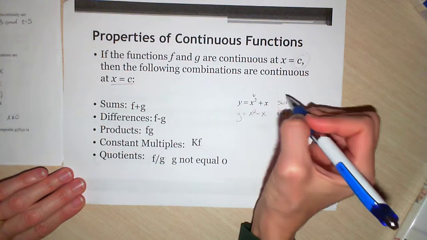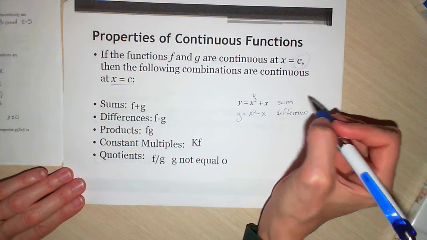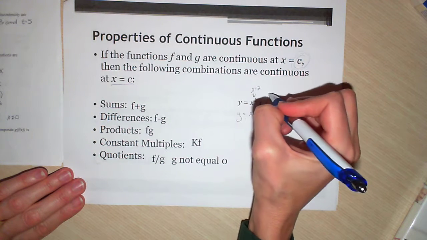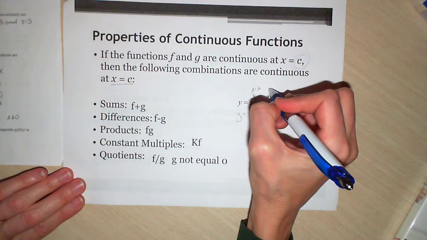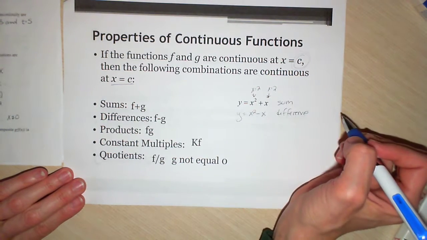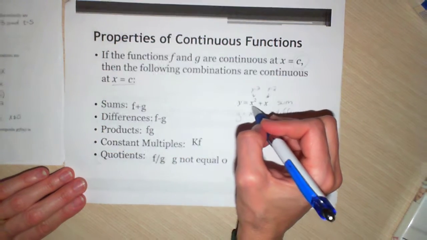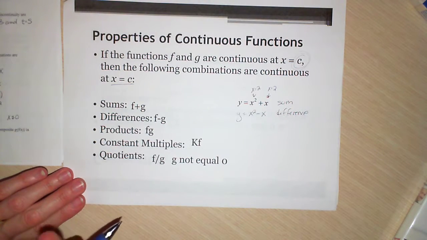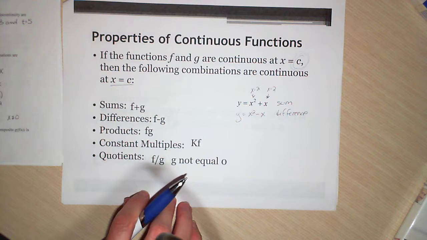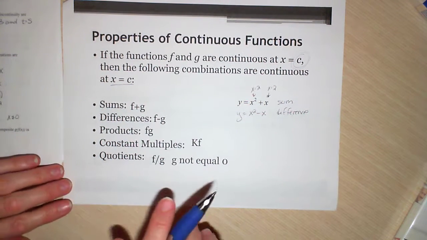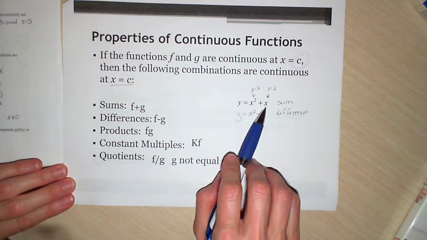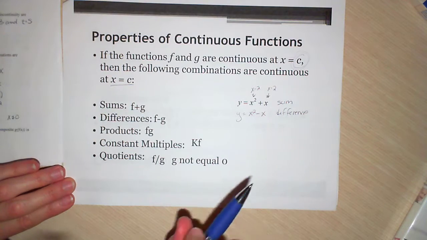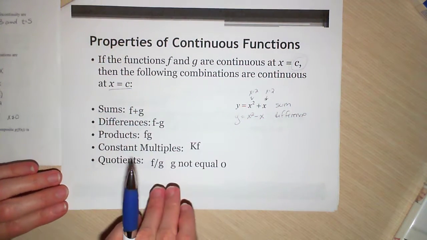So, right, if this function is continuous at a point, say x equals 2, and this function is continuous at x equals 2, which they both are, because this is a polynomial, and this is a line. So if I add 2 continuous functions, the sum will also be a continuous function.